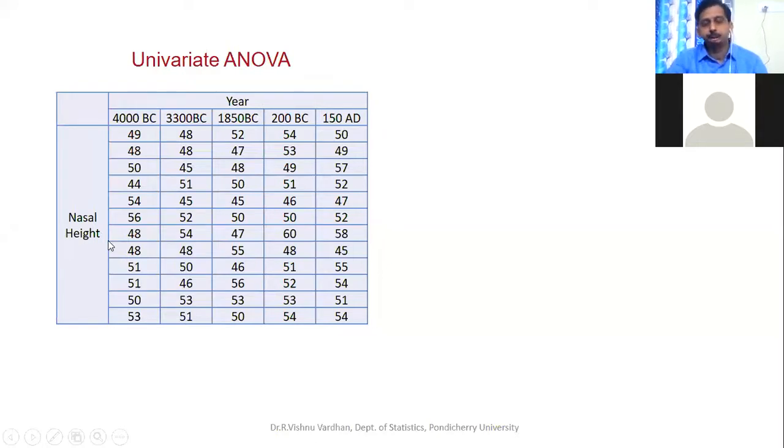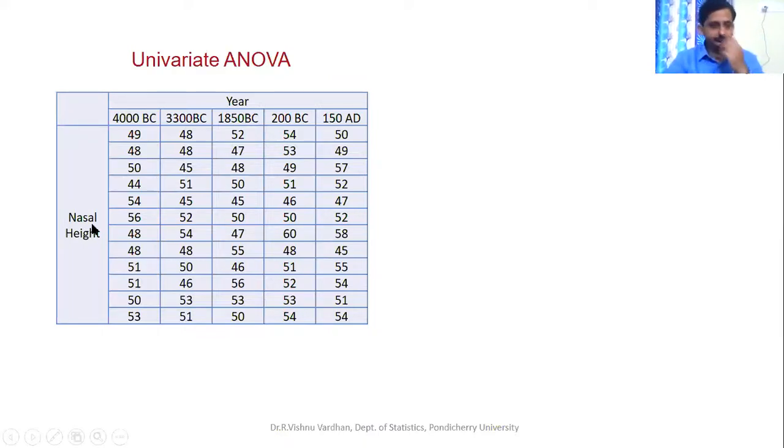It is a very old and widely used data set, openly available; just type Egyptian skull data in Google. One of the measurements is nasal height, and the data for nasal height is covered across 4000 BC, 3000 BC, 300 BC, 850 BC, 200 BC, and 150 AD.